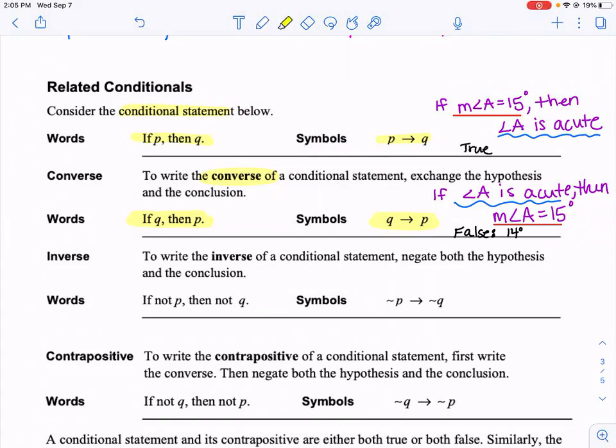All right, now let's talk about the inverse. The inverse is where we take if not P, then not Q. So we take them in the same order, if P, then Q, but we negate both statements. Is the converse like all squares are rectangles, but not all rectangles are squares?